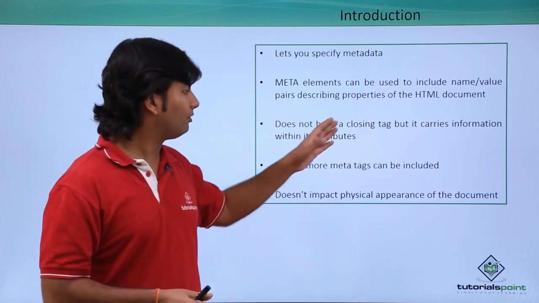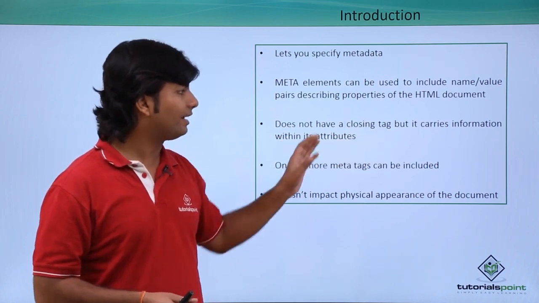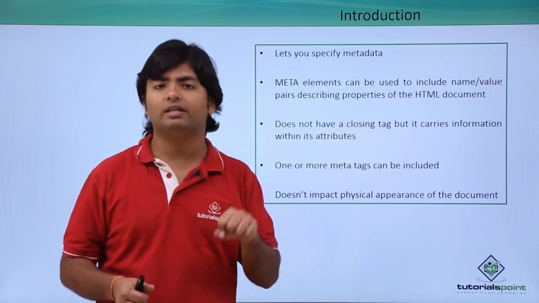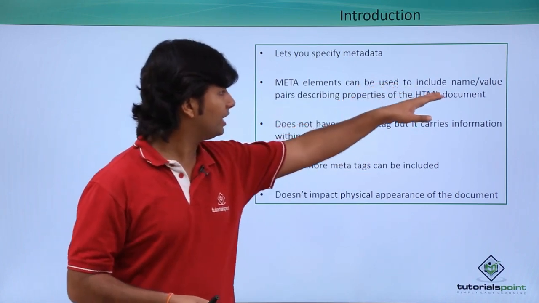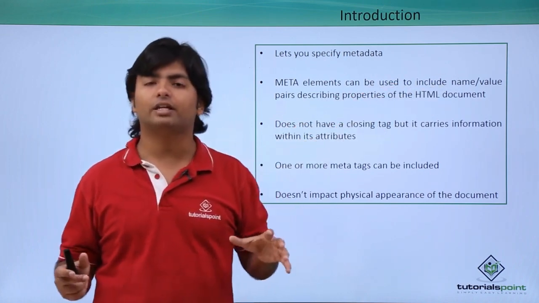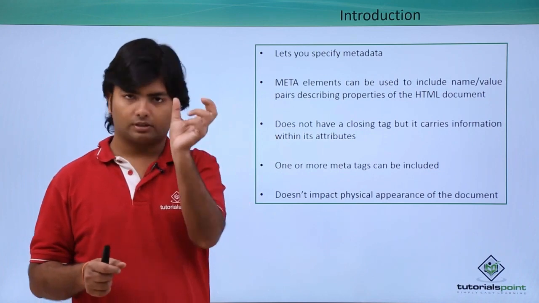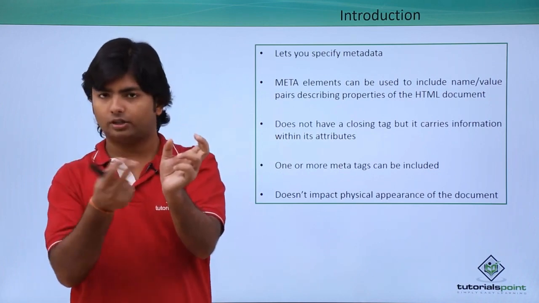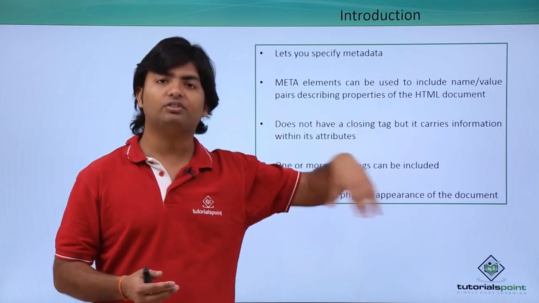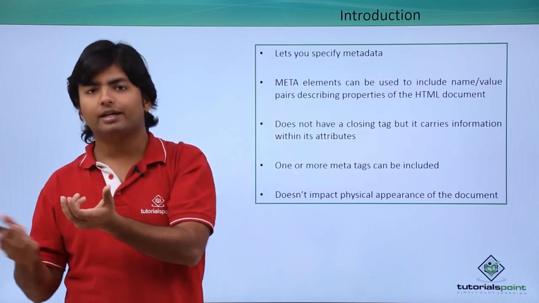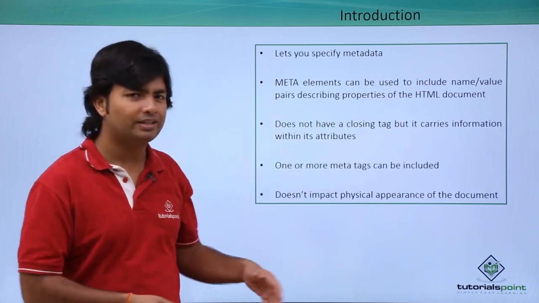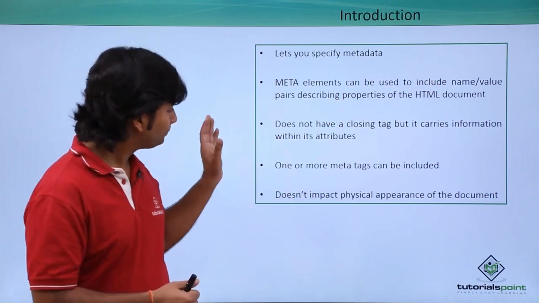The meta tag does not have a closing tag because it carries all the information in the attributes. So basically this name and value are nothing but attributes. The meta tag name is the attribute, then its value, and then content is again an attribute, then its value. I'll show you in the practical, don't get confused now.